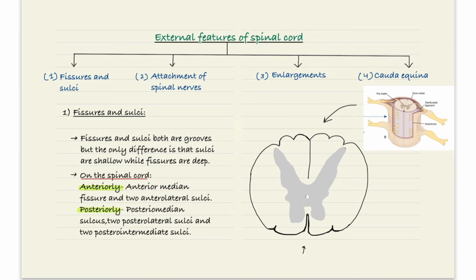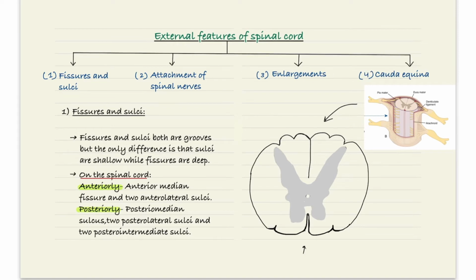These are the anterolateral sulci, which are not so deep. They are shallow, right? So this one is the anterior median fissure. Fissure is deep. And these 2 are the anterolateral sulci.